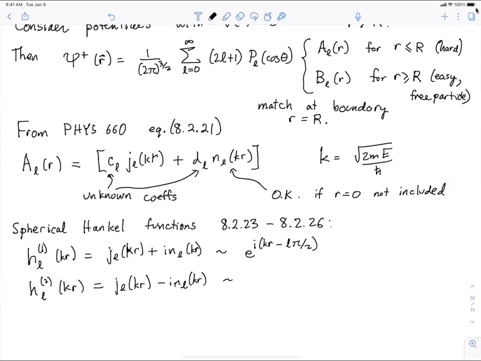At large R, this behaves, oops, I forgot to divide by R. Actually, there's iKR in the denominator, and this one looks almost the same, except it's an incoming wave. Also divided by iKR. And so those are the forms at large R.